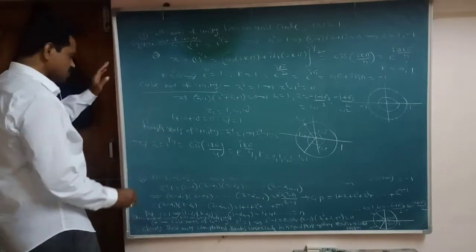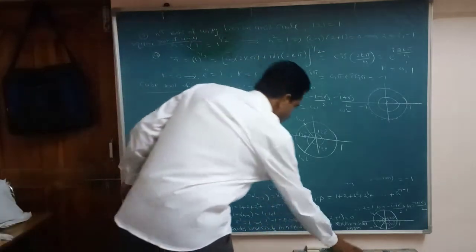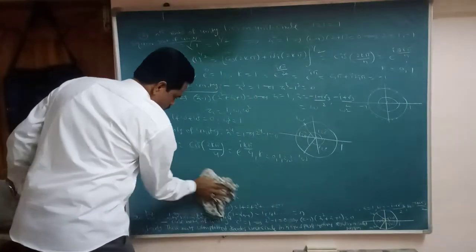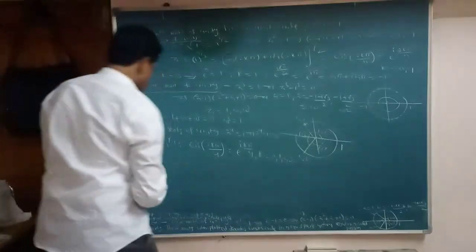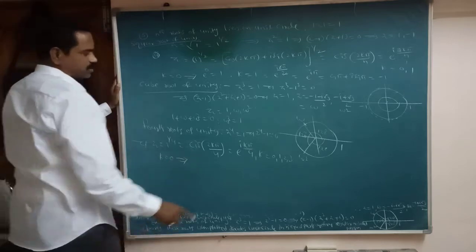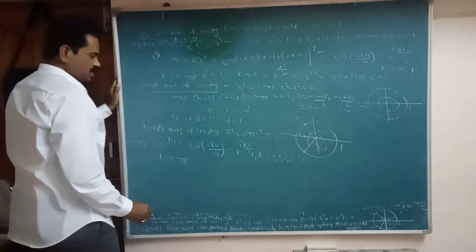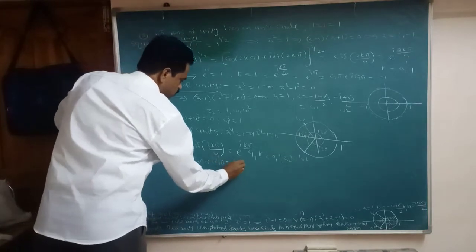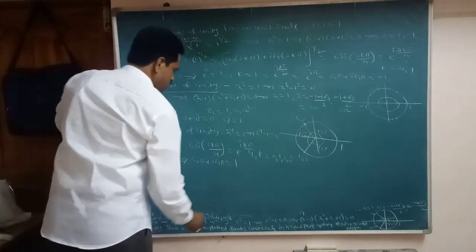Here k equal to 0 substitute here. Then it will become e power 0, that is cos 0 plus i sin 0. It is sin 0. So sin 0, it is how much here? 1.